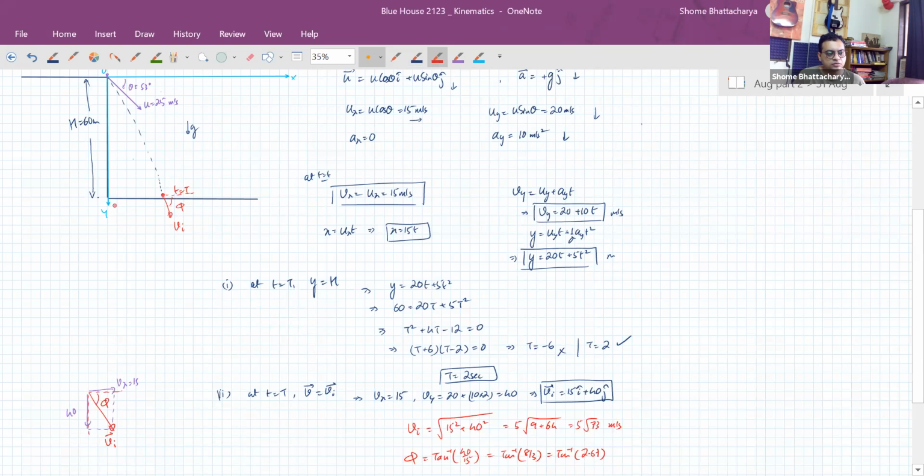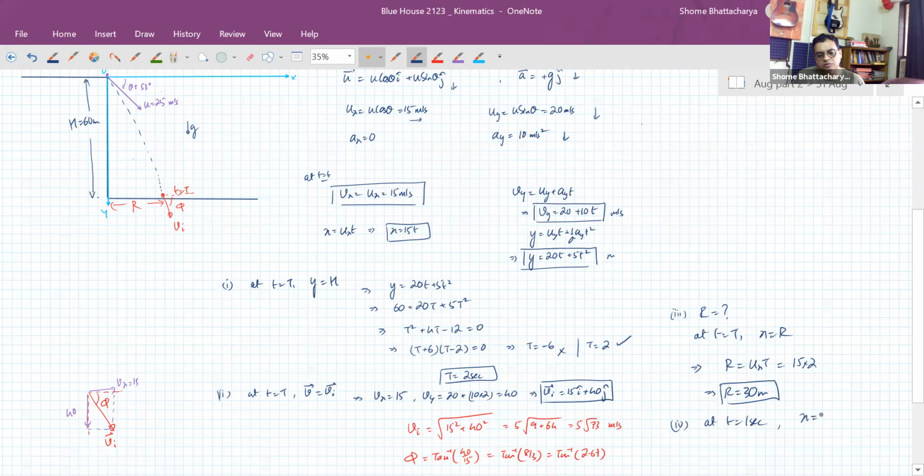That will come out to be 15 into capital T. At t equal to capital T, the value of x is equal to R. So therefore, that's 30 meters.